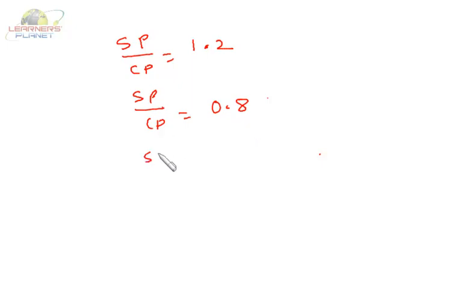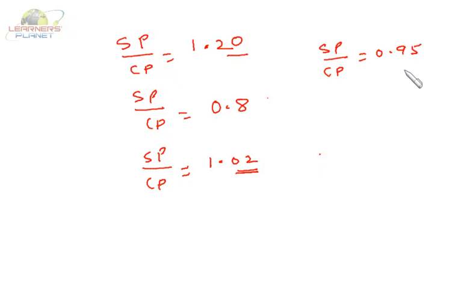If SP by CP is 1.02, then it will be a 2% profit, not 20 but 2. Here it is 20, here it is 2. So just see the difference between the two. Similarly, if SP by CP is 0.95, that means there is a 5% loss.